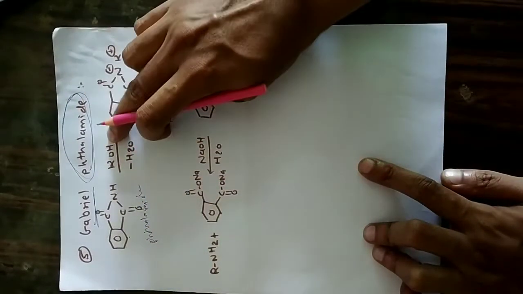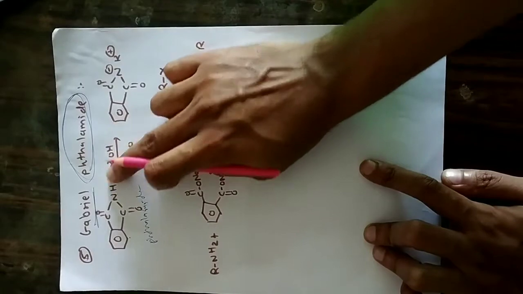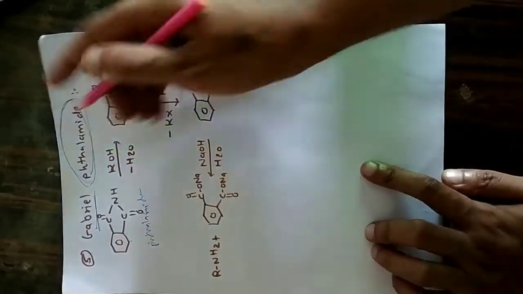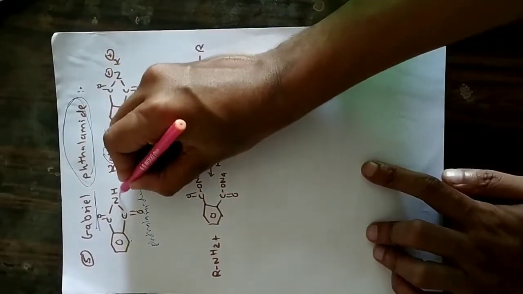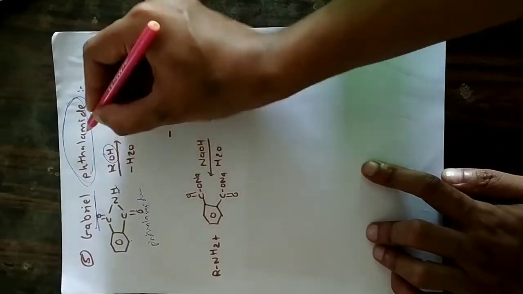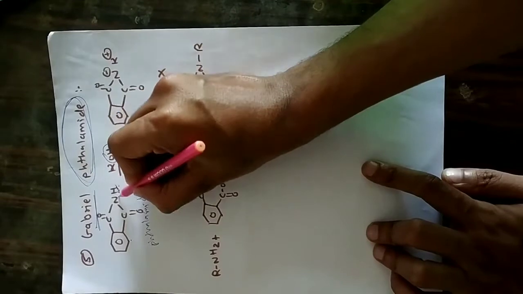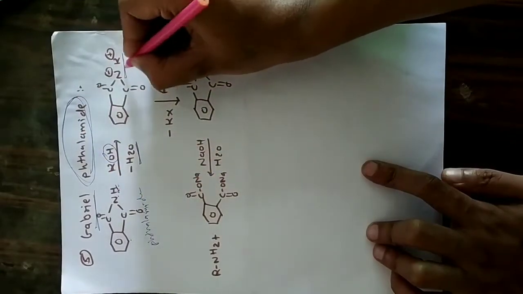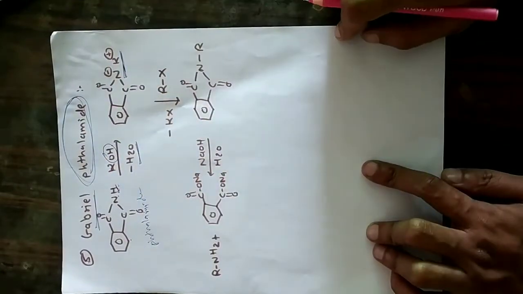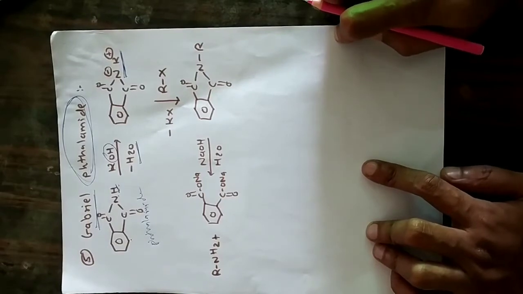When it reacts with KOH, strong base, OH and hydrogen both will combine to form water. Instead of this H, K comes, so you can see N minus K plus. This salt we get as product of first step.